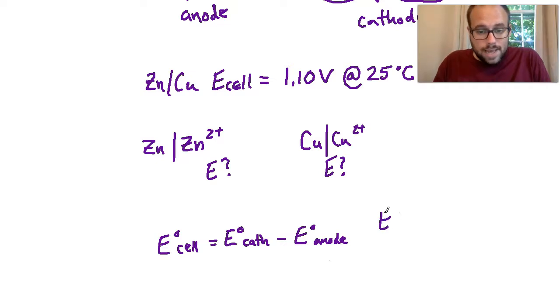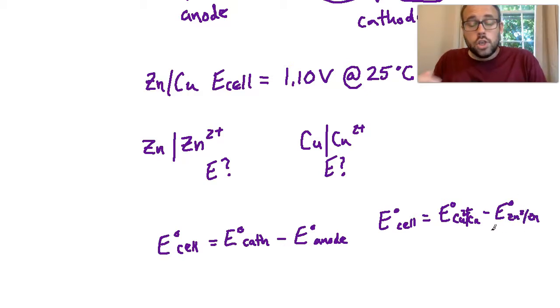So the E cell for this reaction is going to be equal to the half cell of the copper, which is copper 2 plus copper, okay, minus the E cell of the zinc 2 plus zinc relationship. Now, you can find these on standardized tables, but we need to understand that to a greater degree.